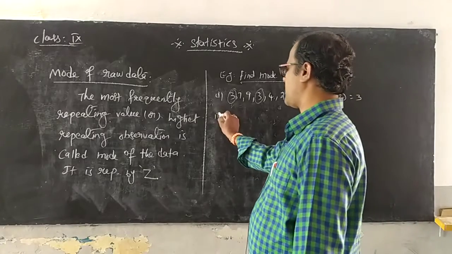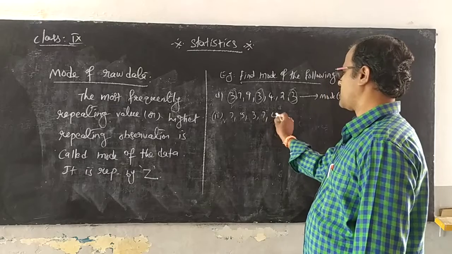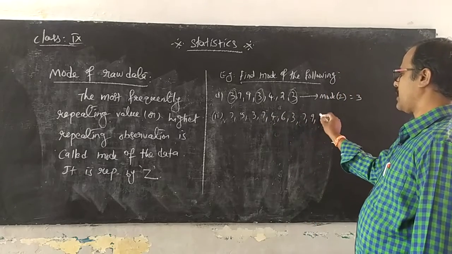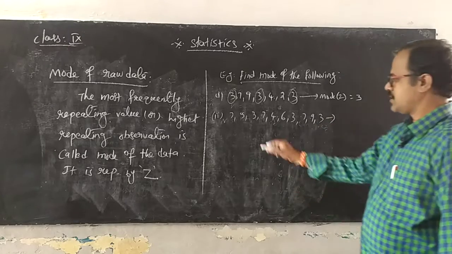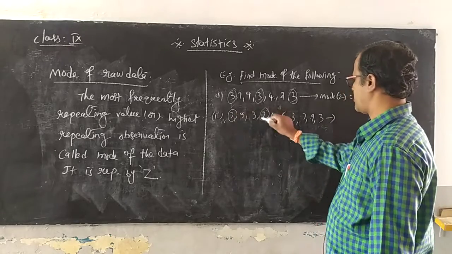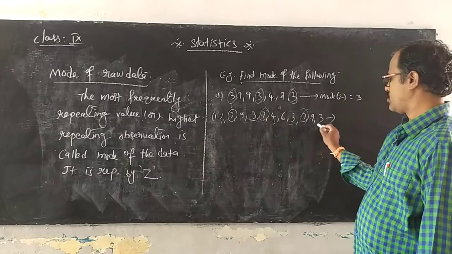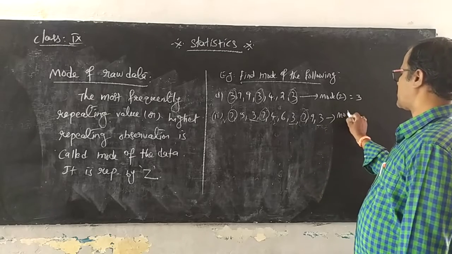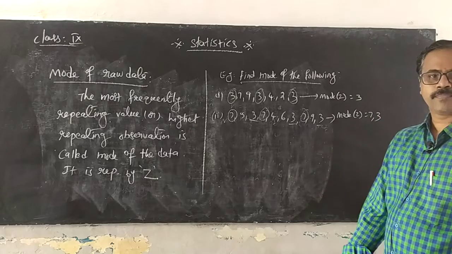If I write one more example: 7, 5, 3, 7, 4, 6, 3, 7, 9, 3. What is the mode? See, 7 is repeated 3 times, and 3 is repeated 3 times. So equally repeated. You have to take mode is equal to 7 and 3.